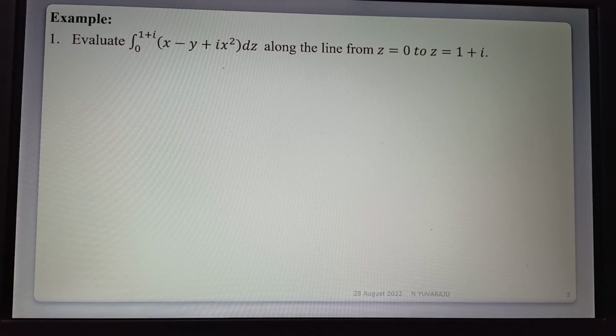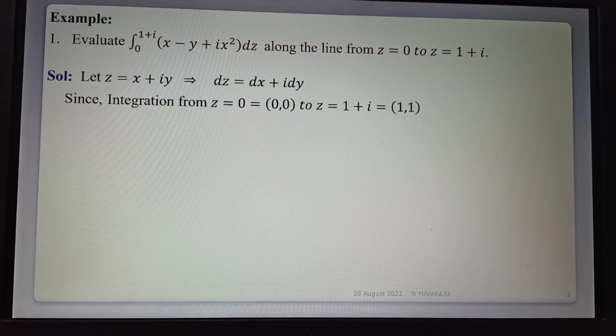See the solution. Let z be the complex variable, z equal to x plus iy, and dz equal to dx plus i dy. Since the integration is from z equal to 0, that is the 0 comma 0 point, to z equal to 1 plus i, that is 1 comma 1.